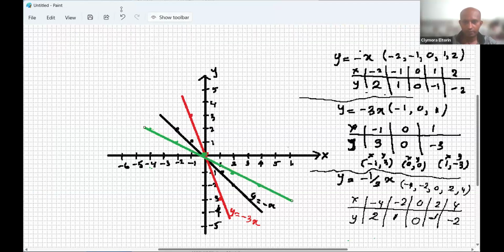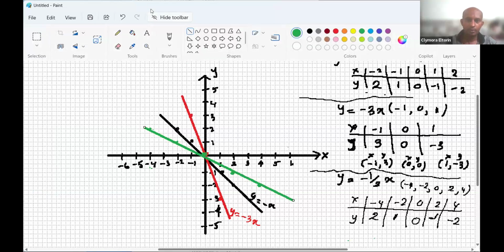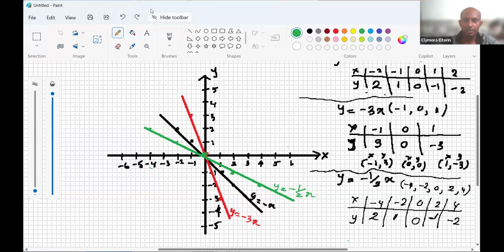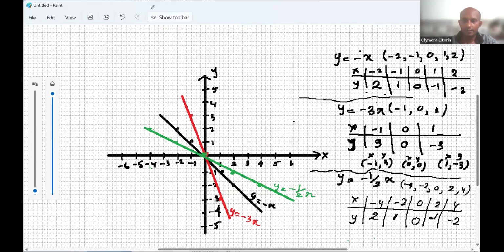Okay, this is the graph. We also name it y equals minus half x. That's the formula. It is like what we drew last week. What has happened? The gradient is half now. Which is the highest gradient here? The highest gradient, this means minus 3? So this is the least one, no?